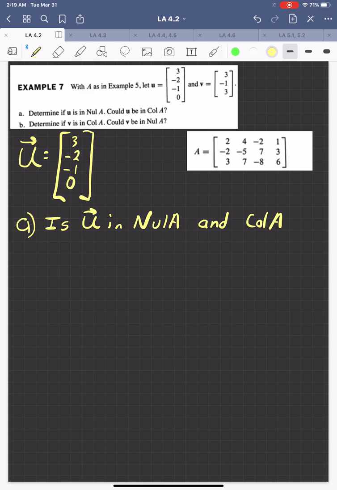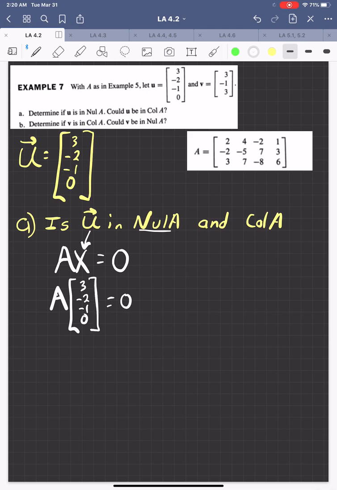Let's start with, is u in the null space? If vector u is in the null space, remember AX has to equal 0. So in this case, instead of having a generic vector x, they actually give us a vector u. So we're trying to figure out if A times u will actually get us to 0.